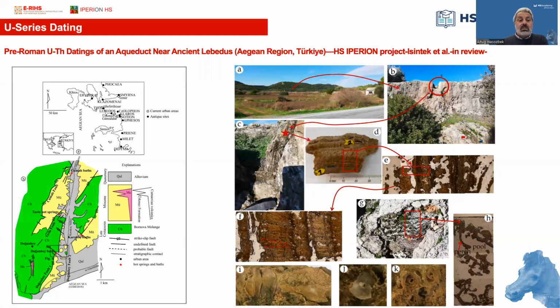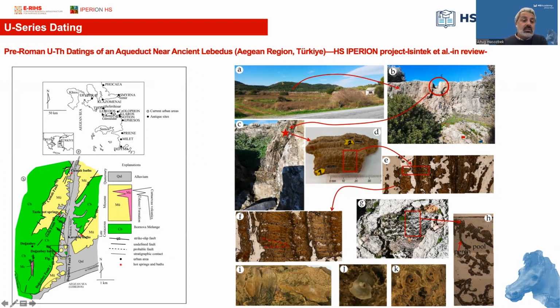And let's focus on real fieldwork samples. This is actually pre-Roman uranium-thorium dating just recently done here, of an aqueduct near ancient Lepidus in the Aegean region, Turkey. This is a Hyperion project we performed here, and I think this paper is right now in review.